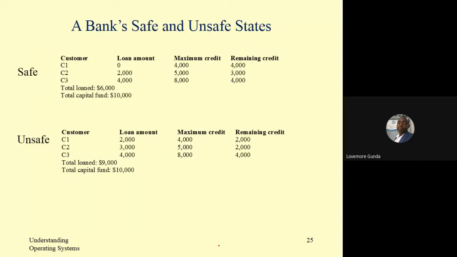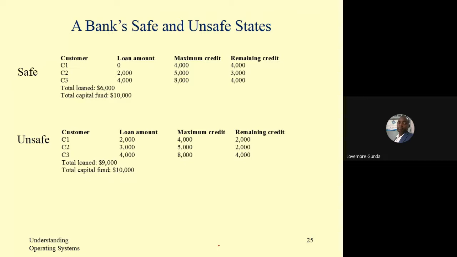So that's okay. The situation, the safe state: customer 1 has taken no loan, is put at 4,000 maximum credit, and the remaining credit is 4,000 because it's not taken anything. Customer number 2 is taking a loan of 2,000, but there's a maximum credit of 5,000.